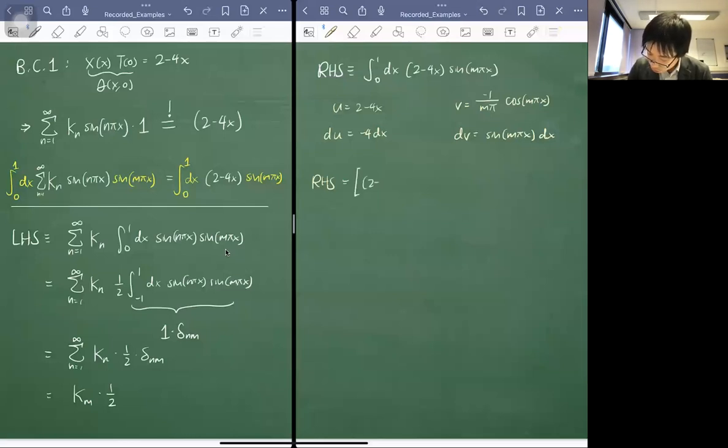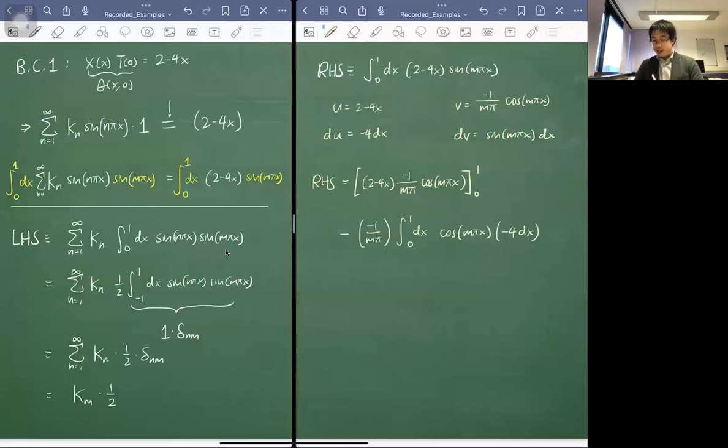So we have u, so 2 minus 4x, times v, so minus 1 over m pi cos m pi x, going from 0 to 1, minus the integral of v du, so we have minus 1 over m pi over here, and integrate cos m pi x, and we have minus 4 dx over here. Okay, good. So now we plug in x equals 1 over here.